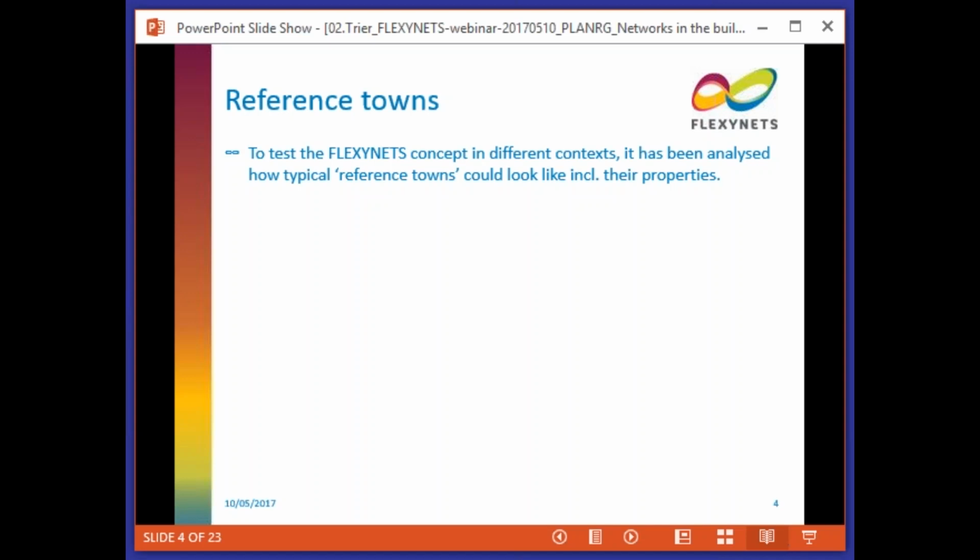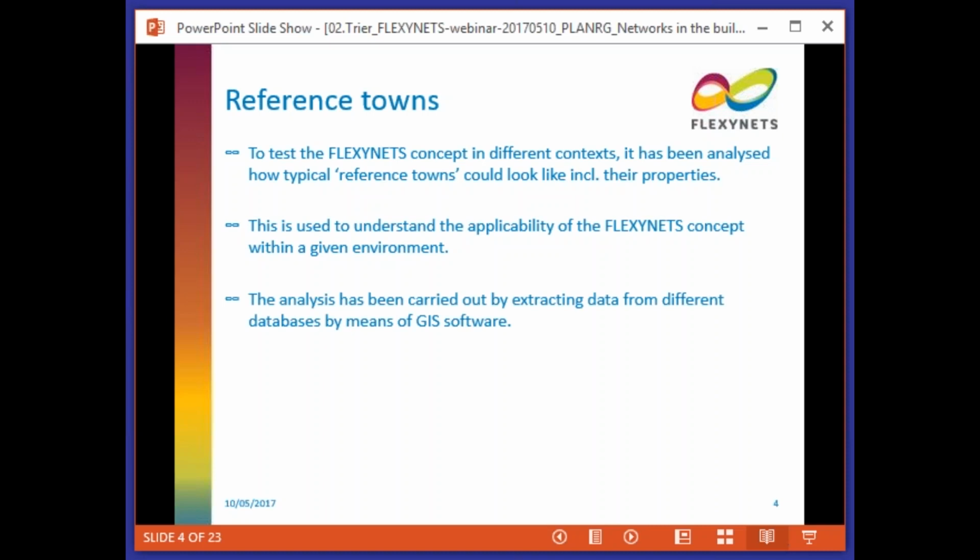In order to test the FLEXYNETS concept in different contexts, we've analyzed different towns, not only the towns as a whole, but also split in different sections of the towns. And this is used to understand how FLEXYNETS can be feasible, applicable for different urban environments and in different locations.